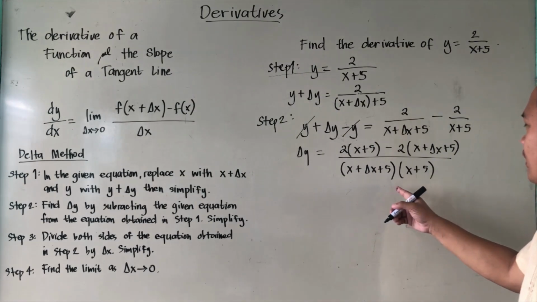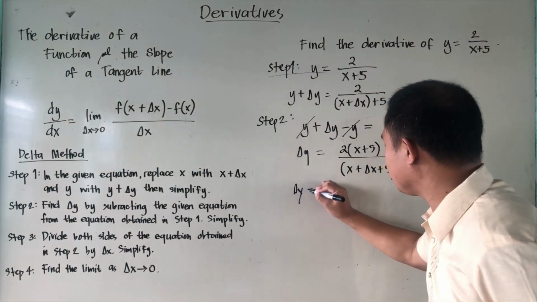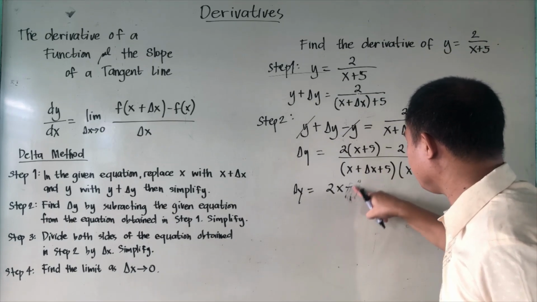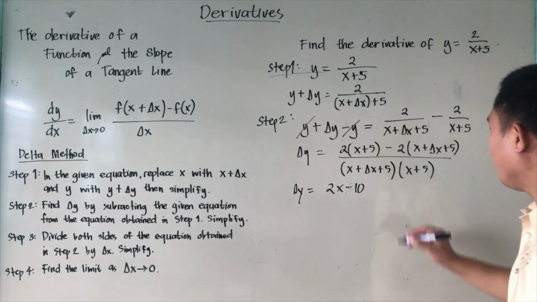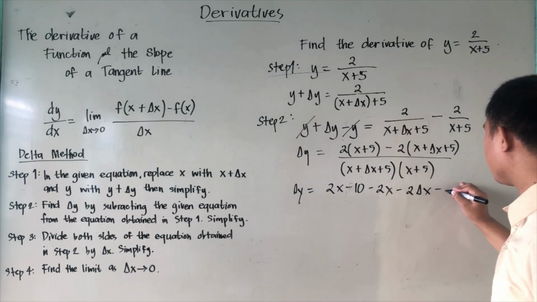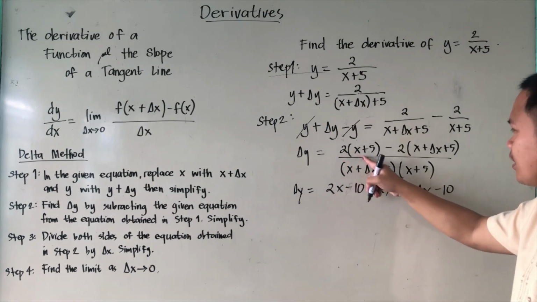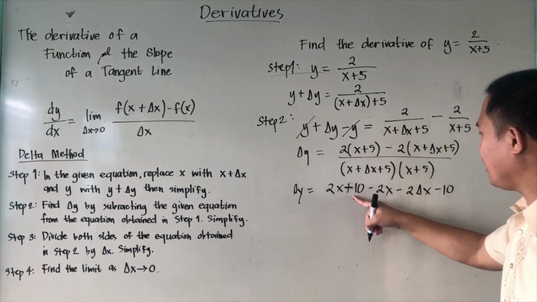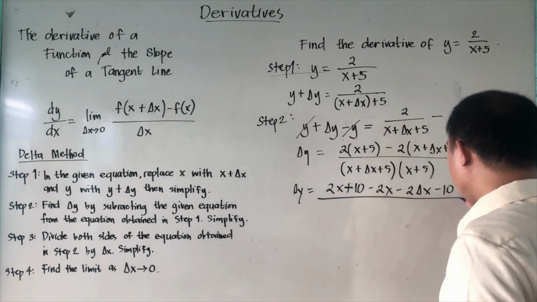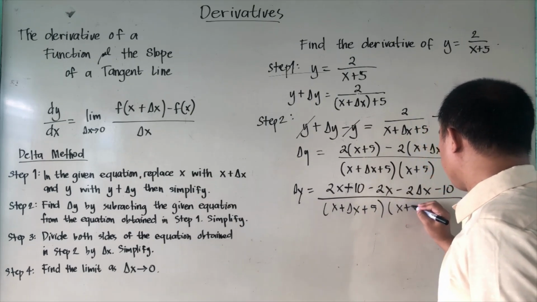Then we need to simplify. So it becomes delta y is equal to 2x plus 10 minus 2x minus 2 delta x minus 10 over x plus delta x plus 5 times x plus 5.